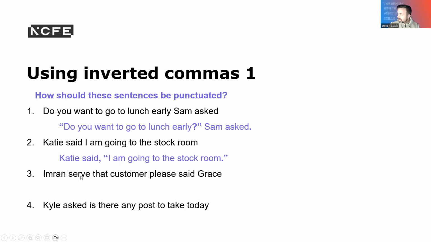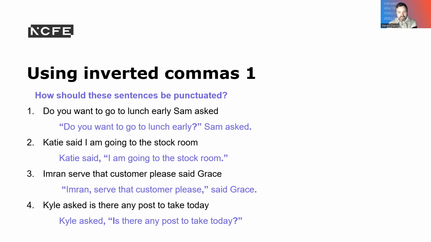So Grace says, serve the customers, please. Good. And then Kyle asked, "Is there any post to take today?" So, Kyle asked, comma, "Is there any post to take today?" Question mark inside the inverted commas, because it's a question. And again, a capital letter. So don't forget to put your capital letters in. Good.